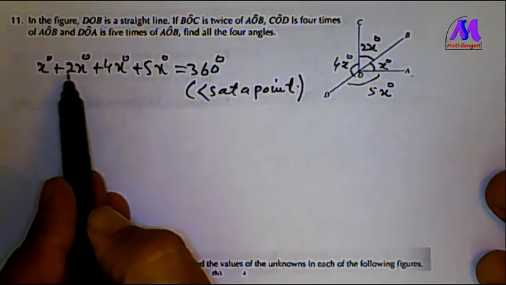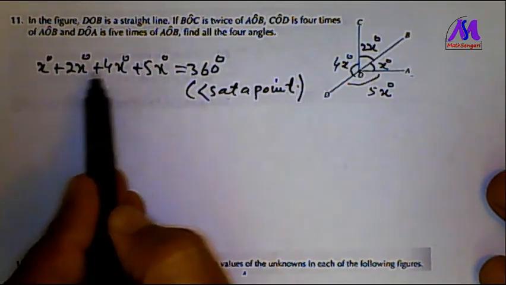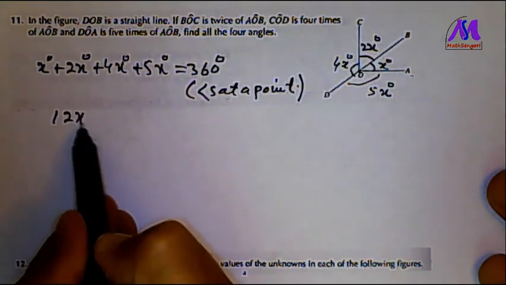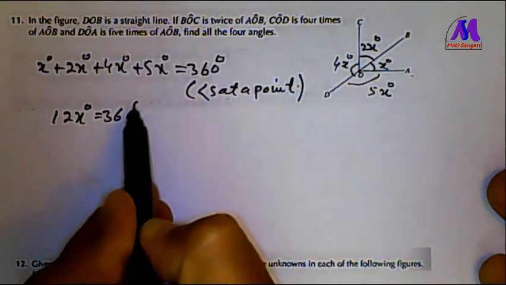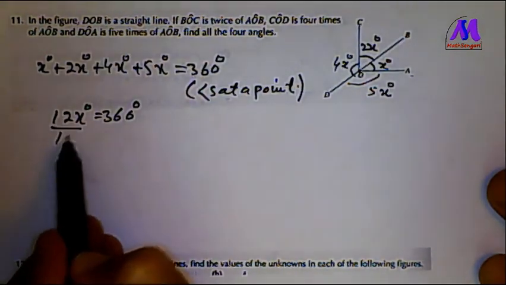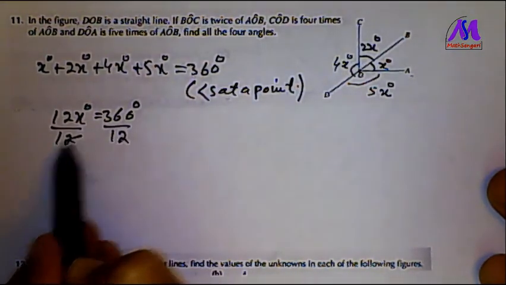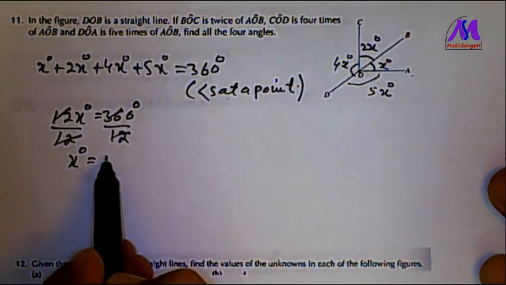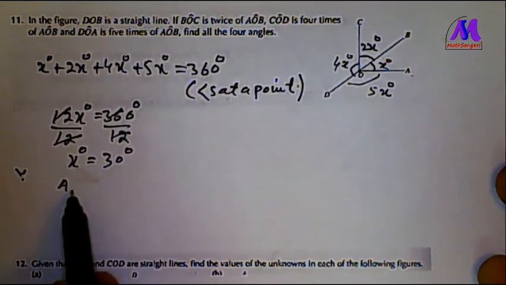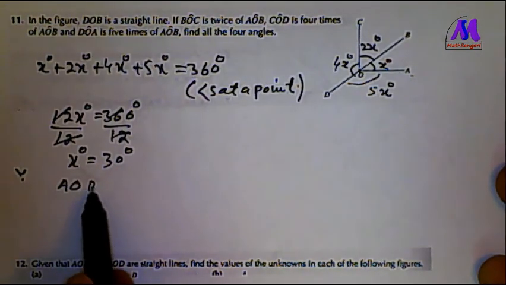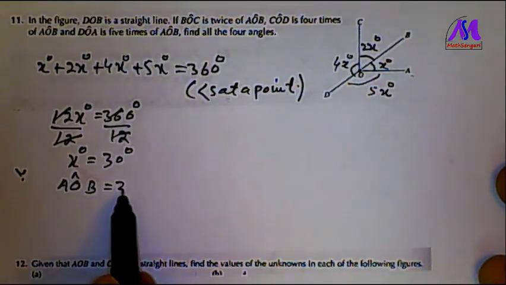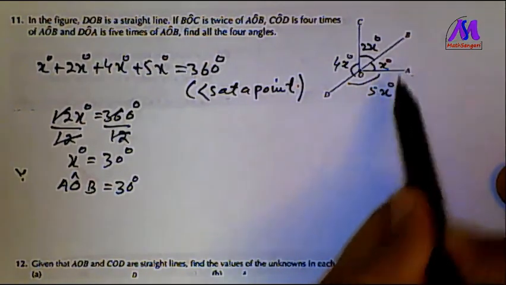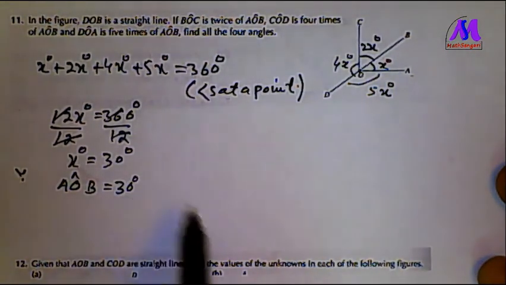From here, 1 plus 2 plus 4 plus 5 will be equal to 12, so 12x degrees will be equal to 360 degrees. Divide both sides by 12, so 12 will be cancelled. So x degree will be equal to 30. Therefore angle AOB will be 30 degrees, because we supposed it is x degree.